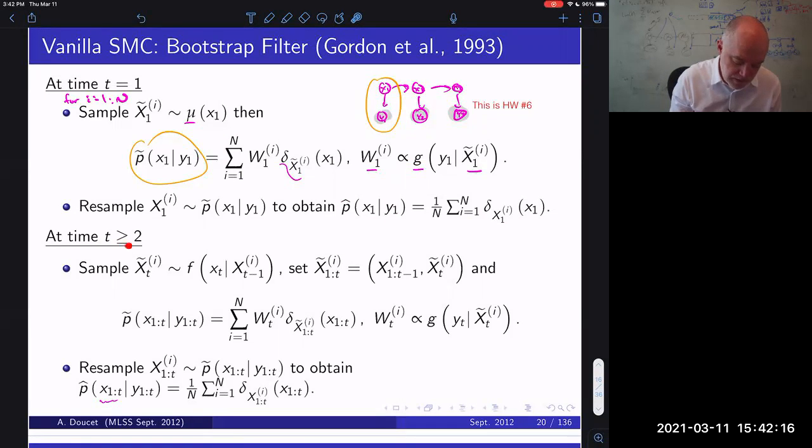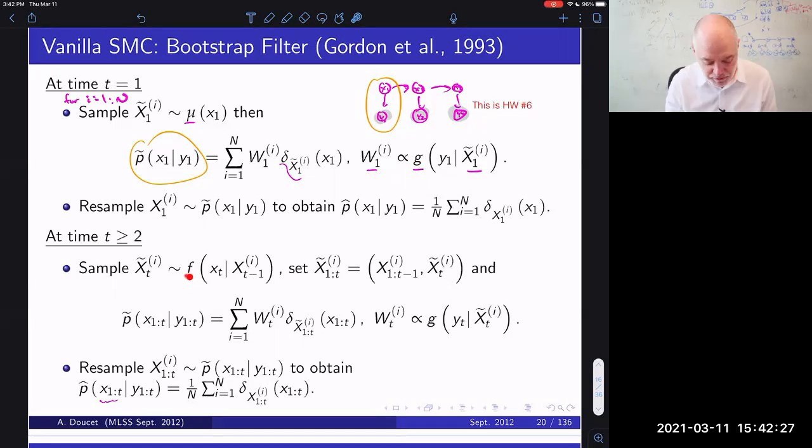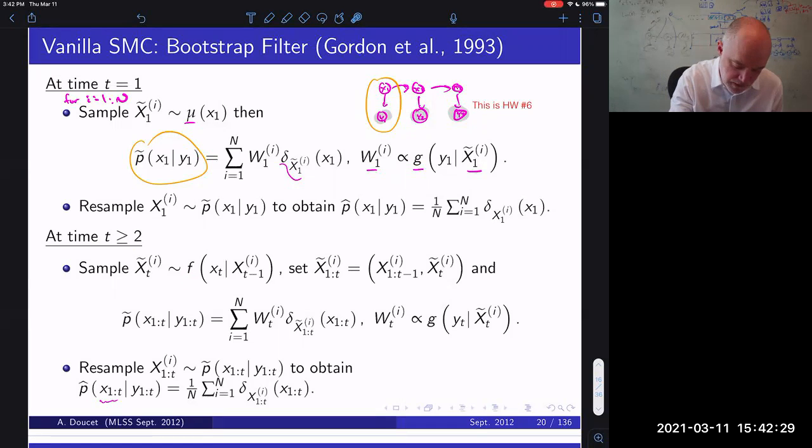And then for t greater than 1, we push our samples forward by basically proposing from the likelihood, which, again, just to be clear, this is f, I'll remind you, and g. Push our samples forward through f. So these are the atomic samples that make up the estimate of p of x1 given y1.